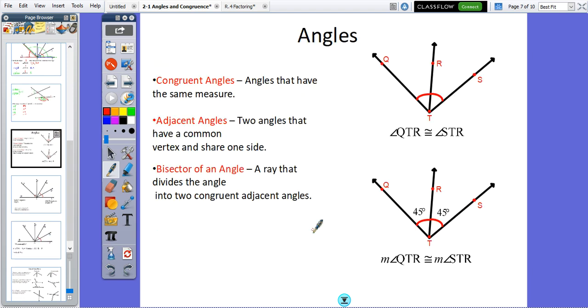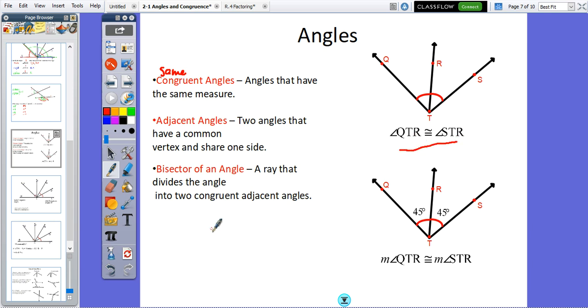Alright, so that is important because we're going to talk about other things that are related to that. So when we look at congruent angles, we talked about the word congruent. Congruent means same. So they're the same angle, that means they have the same measure, or they equal each other. So here we have angle QTR is congruent, remember there's a congruent sign, to STR. So this is the written way to say things are congruent.